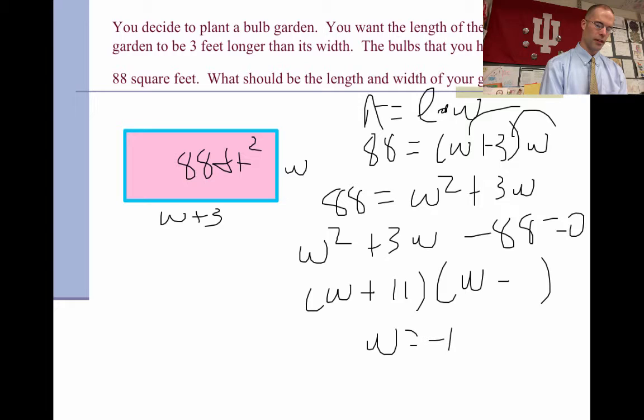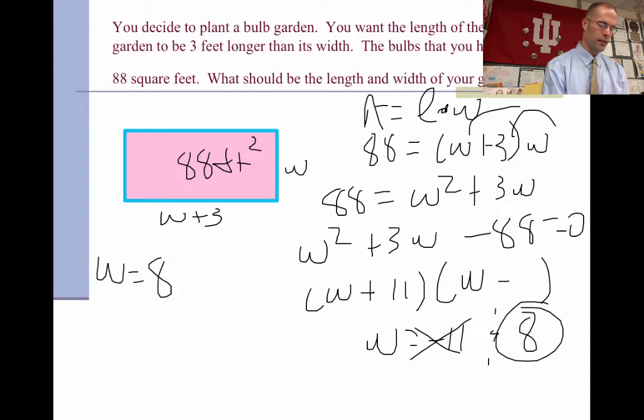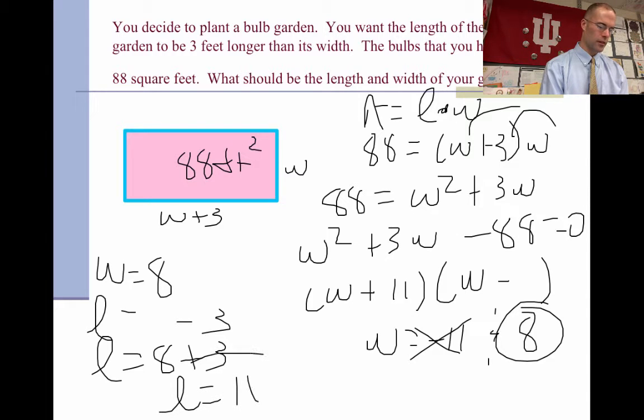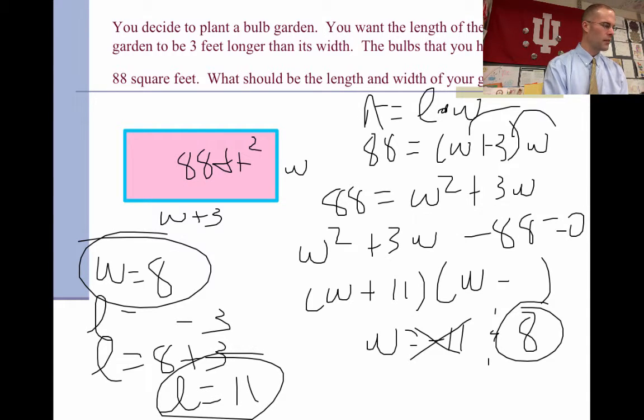So W equals negative 11 and positive 8. Now remember, W equals the width, so the width can't be a negative answer, so only 8 works. So W equals 8, and then the length is W plus 3. So the length is going to be 8 plus 3, so the length is 11. So the width is 8, and the length is 11.